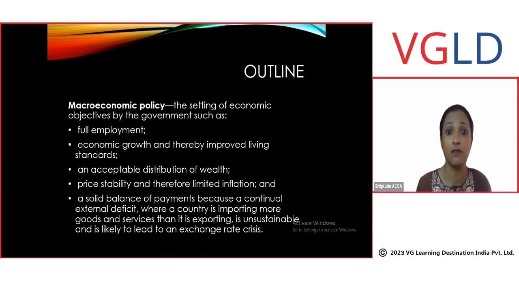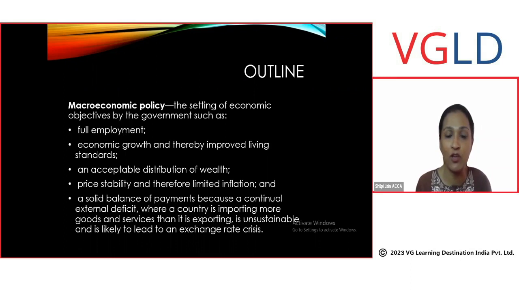The government wants good employment for everyone. The government wants a steady growth of the economy as such, so economic growth. The government wants an acceptable distribution of wealth amongst its people. So we don't want to just make the rich people more richer and let the poor people suffer.